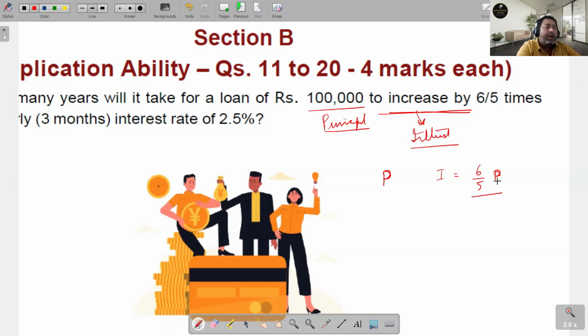Now, how do we calculate the interest? The formula for interest is principal into rate of interest into the tenure of the loan. So rate of interest for a particular frequency, multiplied by the tenure divided by 100, right?